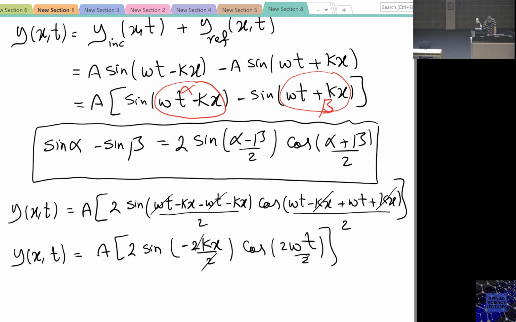Now 2 is going to cancel, and this minus is going to go outside. So I have here minus 2A sine kx cosine omega t.